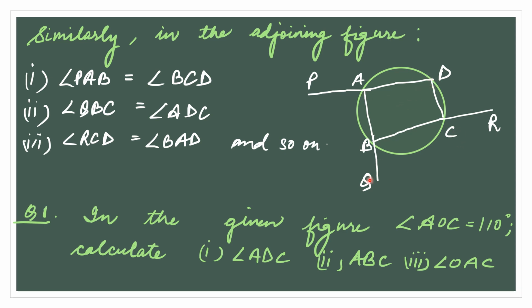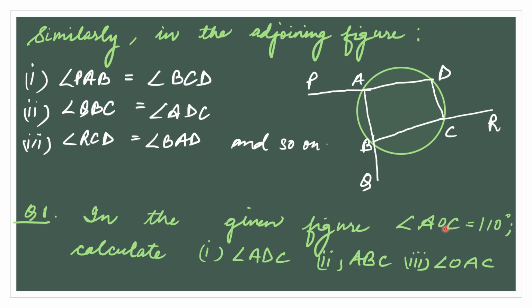This is the opposite angle. Then if we take angle DCR or RCD, it will be equal to angle DAB or BAD and so on. All the exterior angles will be equal to the opposite angle in the cyclic quadrilateral.